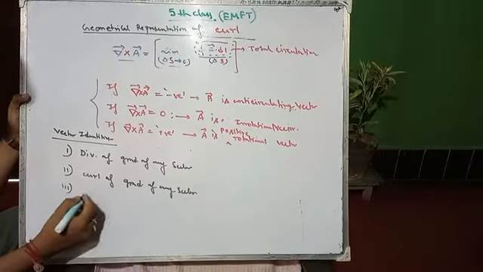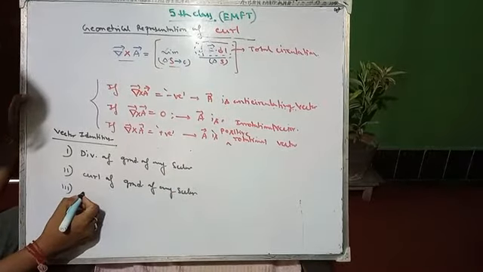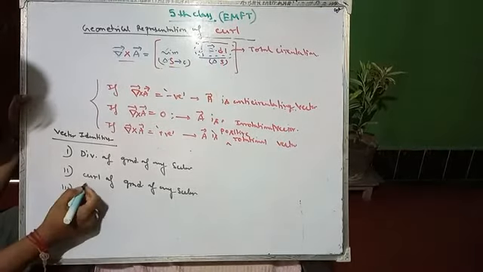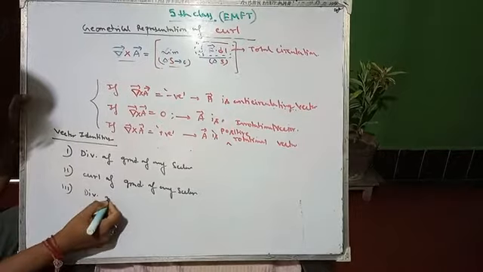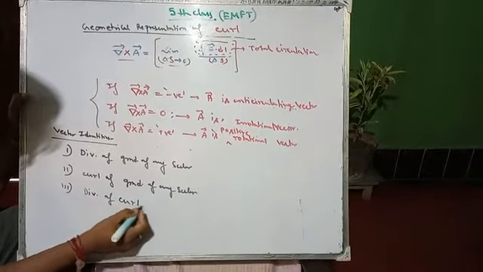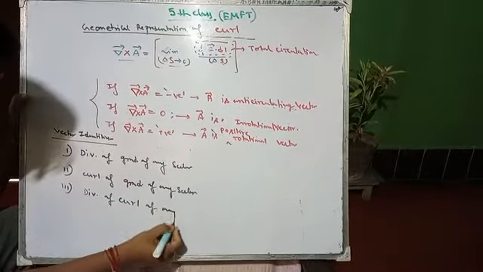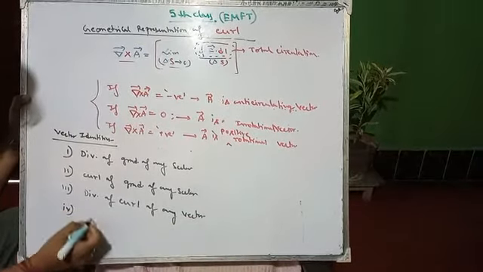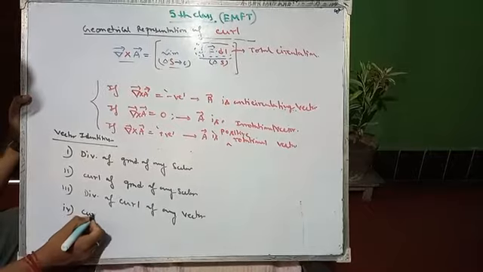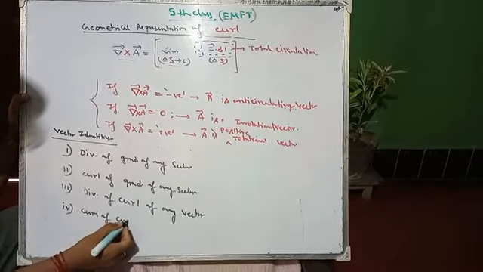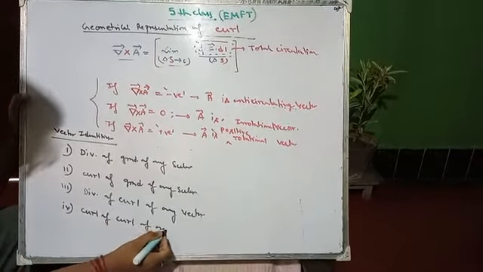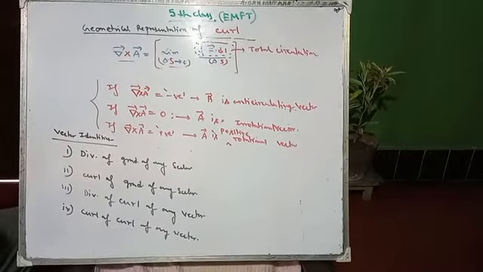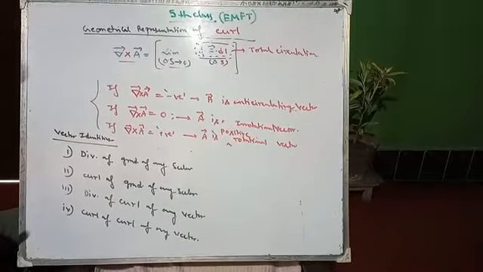Third one, divergence of curl of any vector. And fourth one, curl of curl of any vector. So there are four important identities.